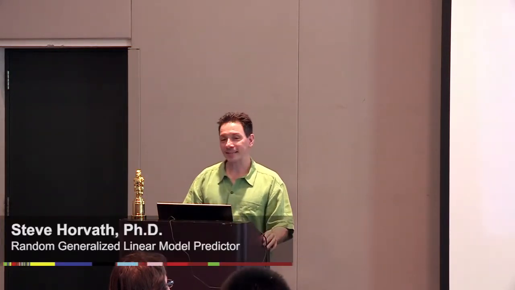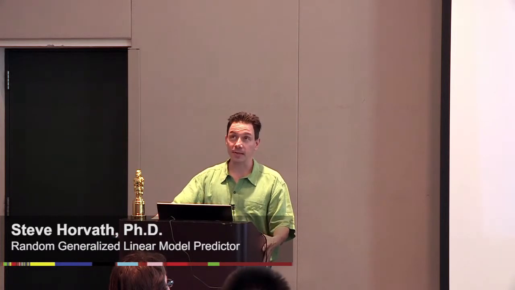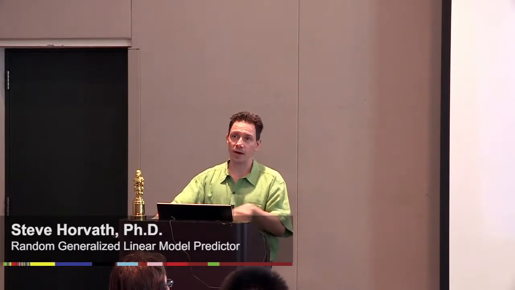And since RGLM is also an ensemble approach, how do you get around the interpretability? I'm so glad you asked. So the question is, given that the random GLM is an ensemble predictor, why do I claim that it's more interpretable? There are several answers to it. The first answer is it actually involves far fewer variables than a random forest, for example.